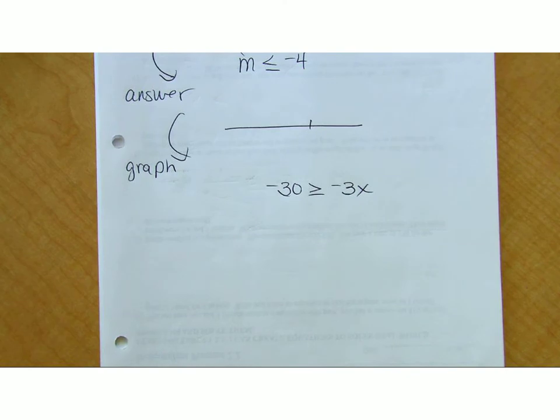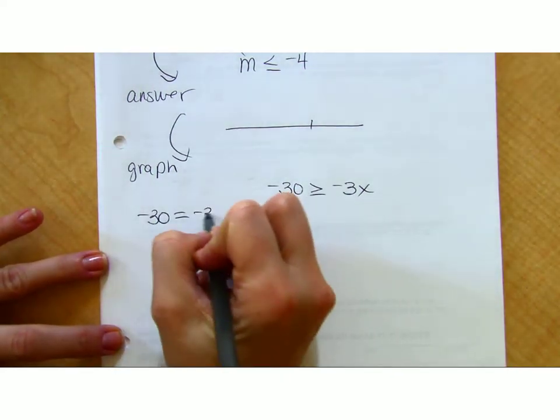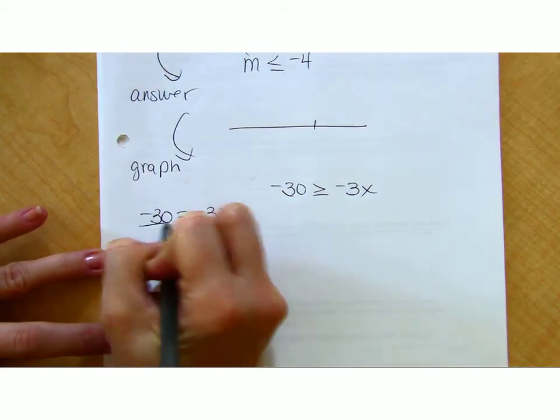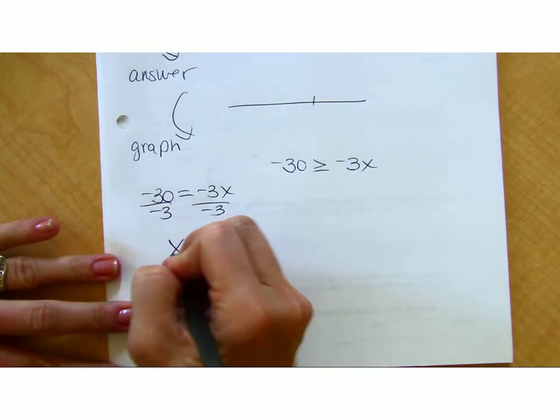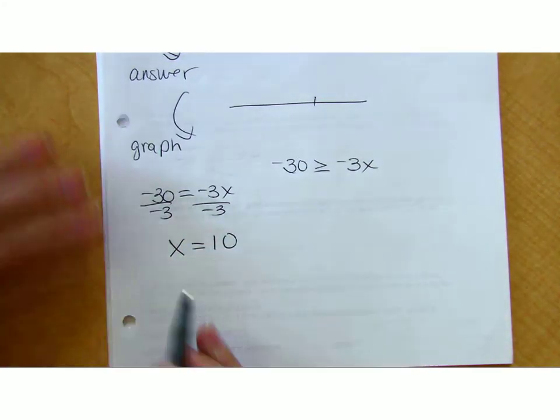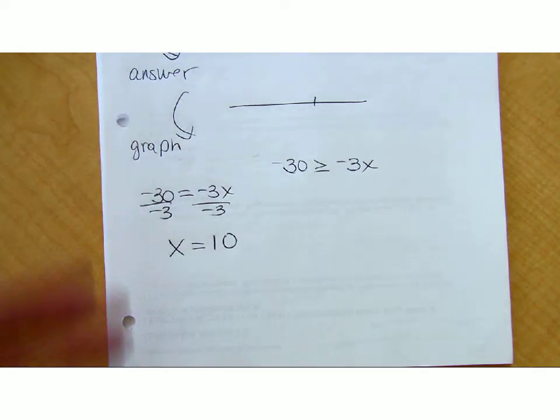If this was -30 equaled -3x, you probably wouldn't even think twice about just going, oh, x equals 10, and putting the x on the left instead, right? You shouldn't, because there's nothing you even have to double think here.